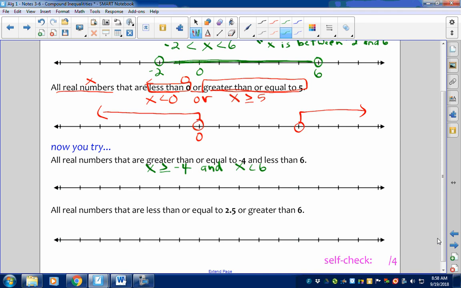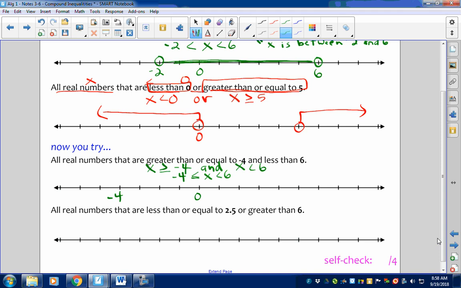If I wanted to write it so that x is in the middle, I would just match the x less than 6, and then I've got to flip the inequality here and place the -4 on the left. Make sure that the smaller number is on the left there. It goes from -4 up to 6. So if 0 is right here, -4, 1, 2, 3, -4 is right here.